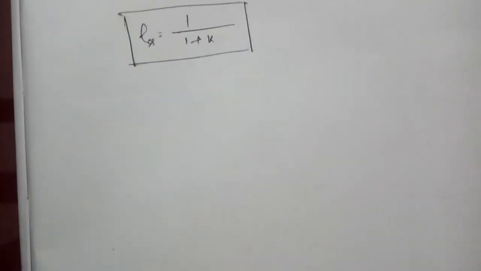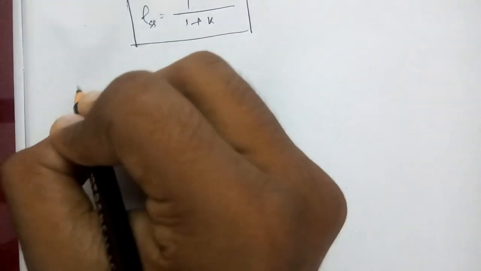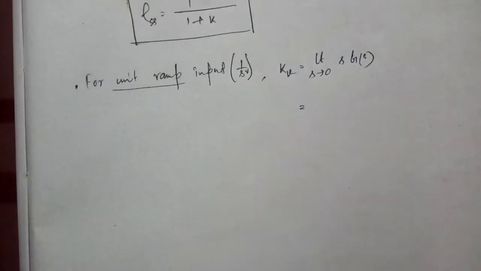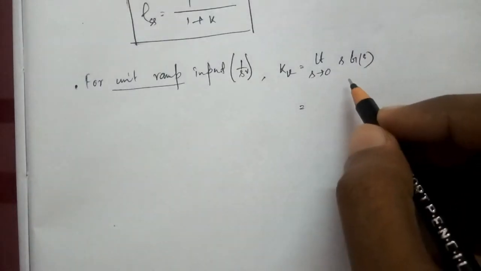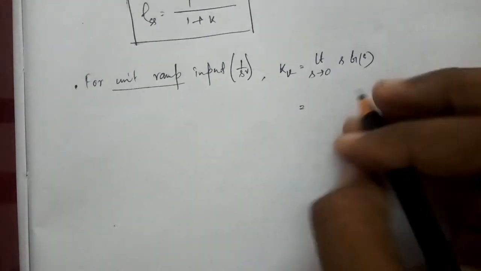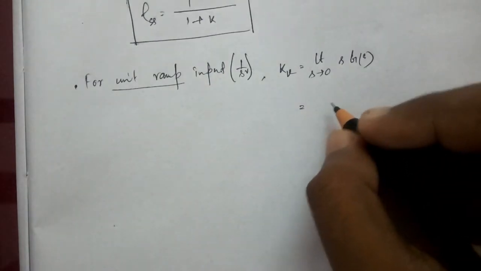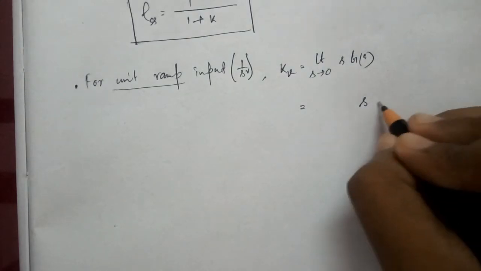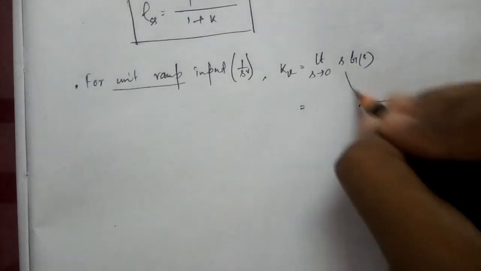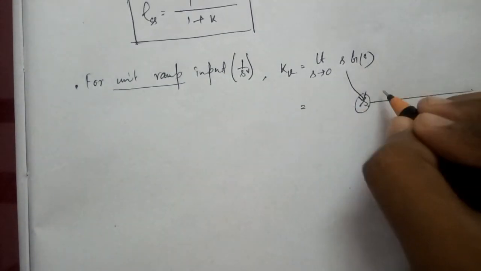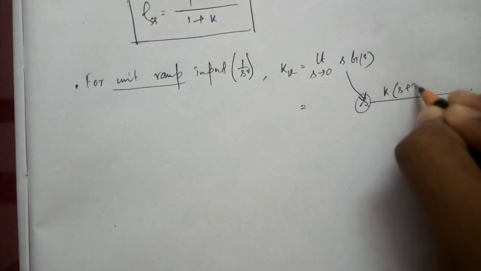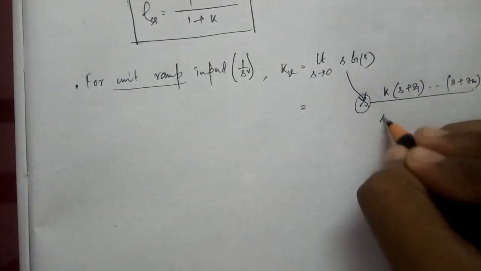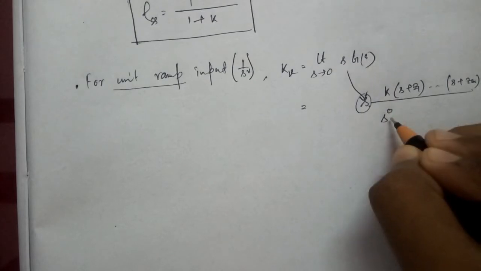Now similarly for unit ramp input, we know limit s tends to 0 of sG(s), that is Kv. Now if we put sG(s), remember this is s multiplied, and the G(s) is K, (s plus z1) up to (s plus zn), and here it is s to the power 0, meaning this is nothing but 1.